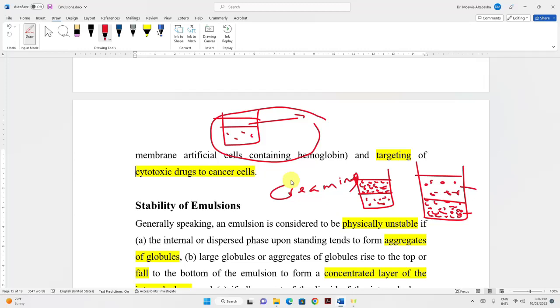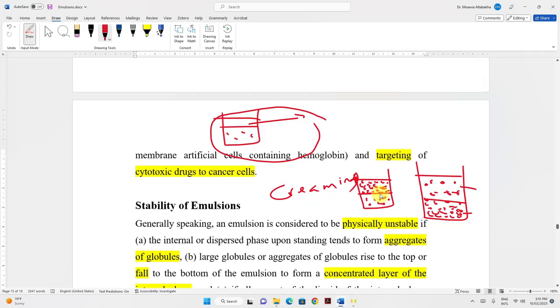Okay. In order to test before you put the product into the market, you need to do testing for the emulsion. So what do they usually do? Of course, as you are aware, you should not place the emulsion in high temperature or low temperature, in extreme temperatures, because they can affect the coalescence and aggregation and the surfactant and the emulsifying agent you are using.